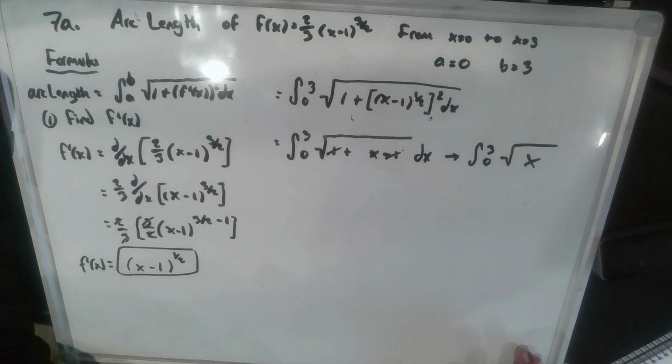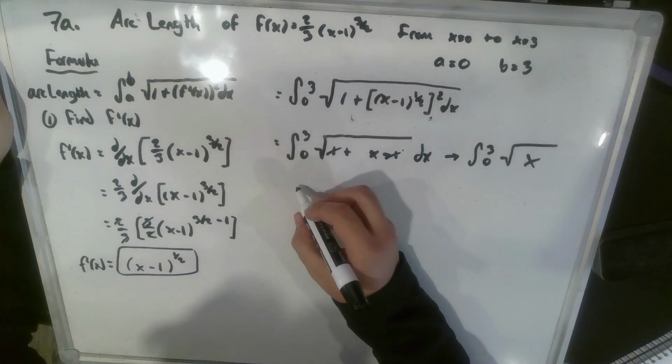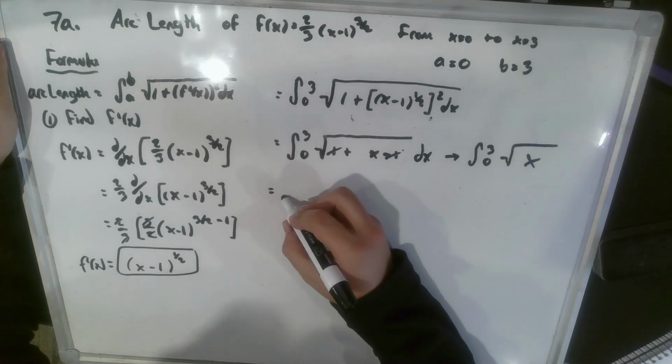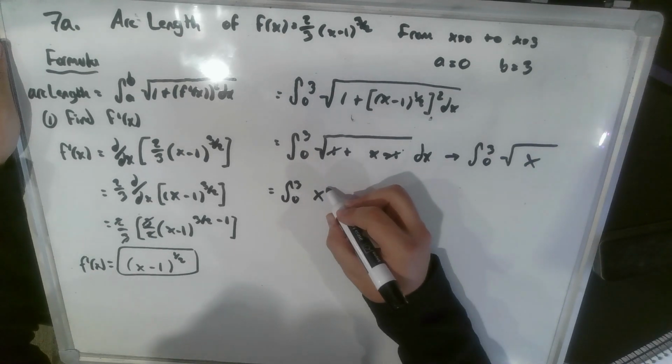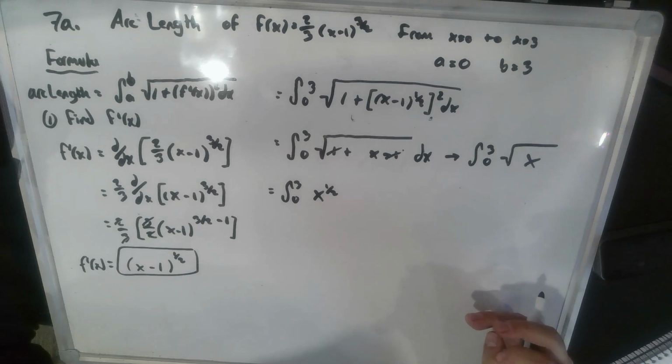So now we integrate the square root of x. First, you want to rewrite the square root as a power, which is x to the 1/2. That makes it easier to integrate.